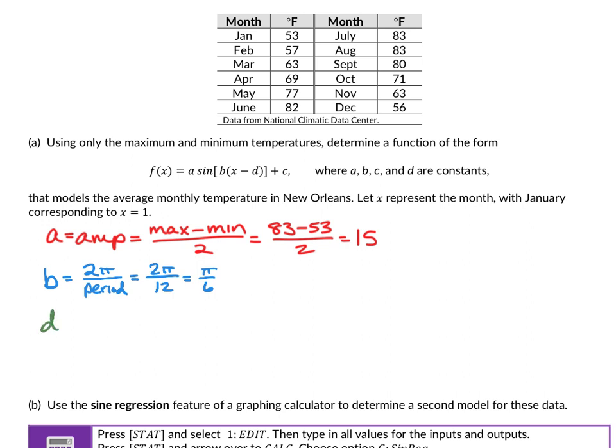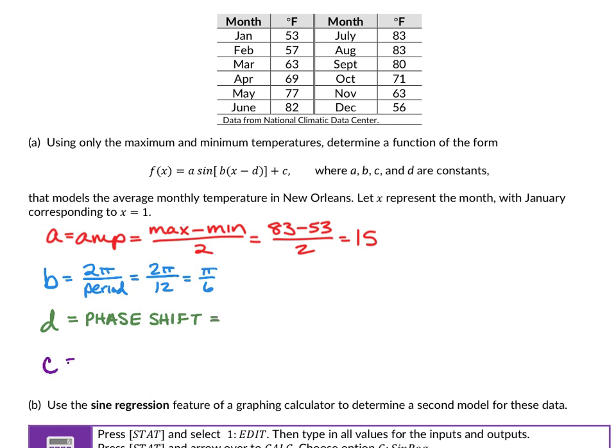The d value here is going to be the phase shift. So let's write that down just so we remember. This is the phase shift. So we need to know how far we have moved this function so that the midline is happening at time 0.